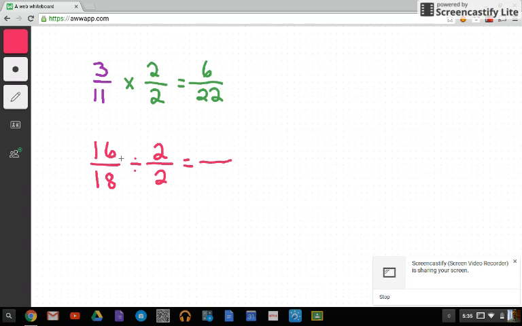Okay, so 16 divided by 2 is 8. 18 divided by 2 is 9. So we have simplified this fraction and made it 8/9. So 8/9 and 16/18 are equivalent. This is how we find equivalent fractions. We can either multiply or we can divide.